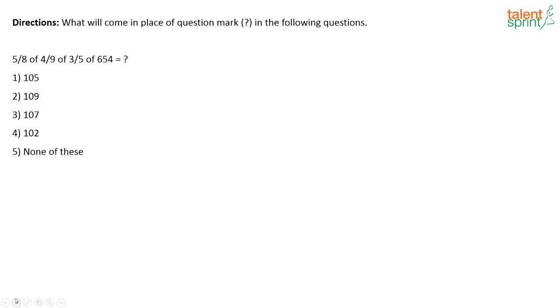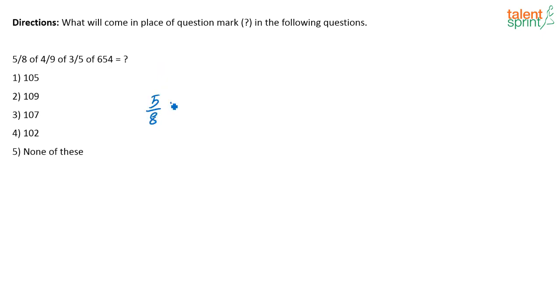The next question is on simplification. What will come in place of the question mark in the following questions? 5 by 8 of 4 by 9 of 3 by 5 of 654 is equal to question mark. Very easy question, right?